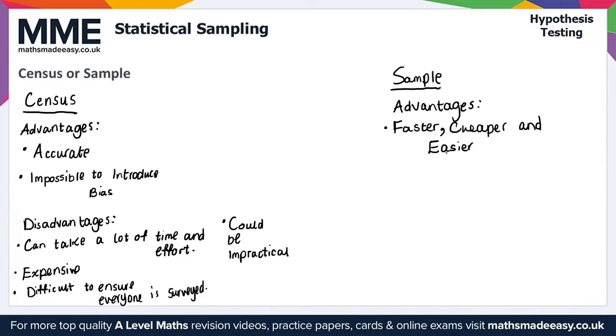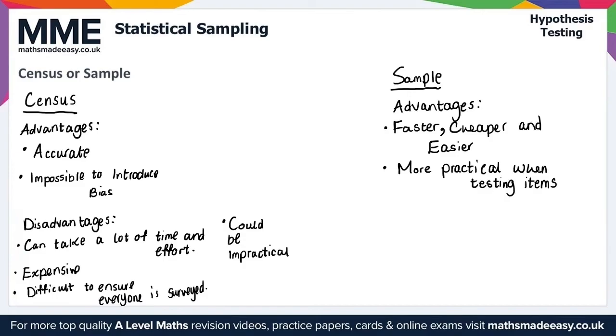Another advantage for a sample is that it's the only viable option if testing items uses them up, because obviously we don't want to damage all the items. It comes back to the point of a census being impractical; it makes a sample more practical when testing items.